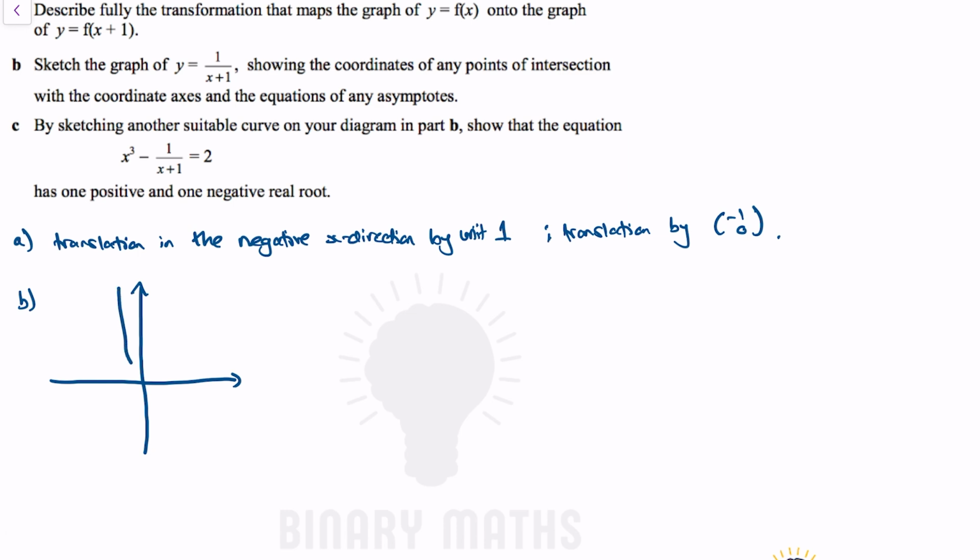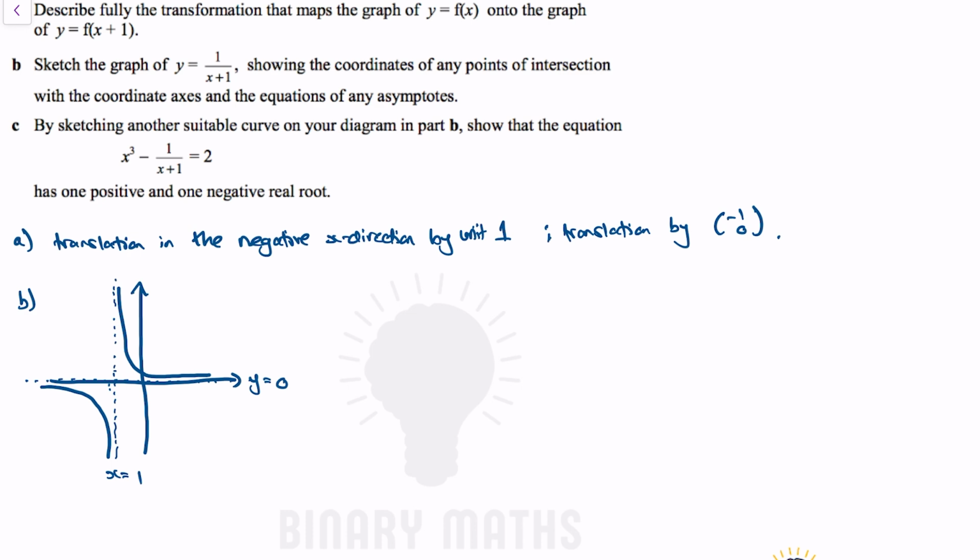So it's going to look something like this. So x is equal to negative 1 and something like so. The horizontal asymptote has not changed, so it's y is equal to 0.